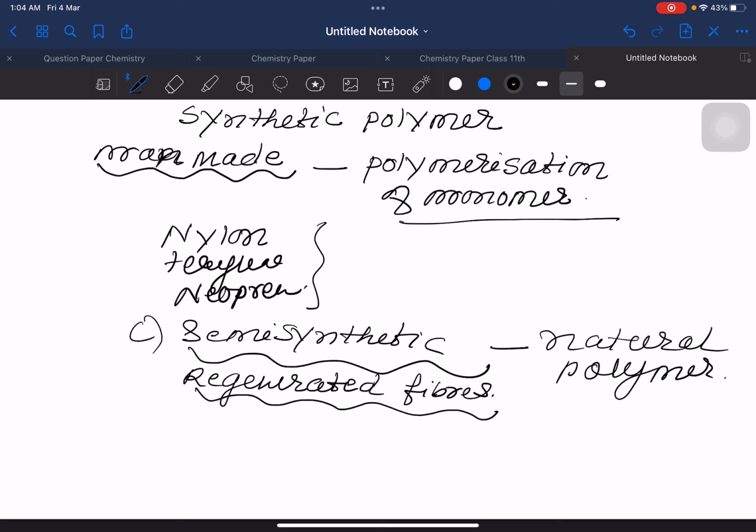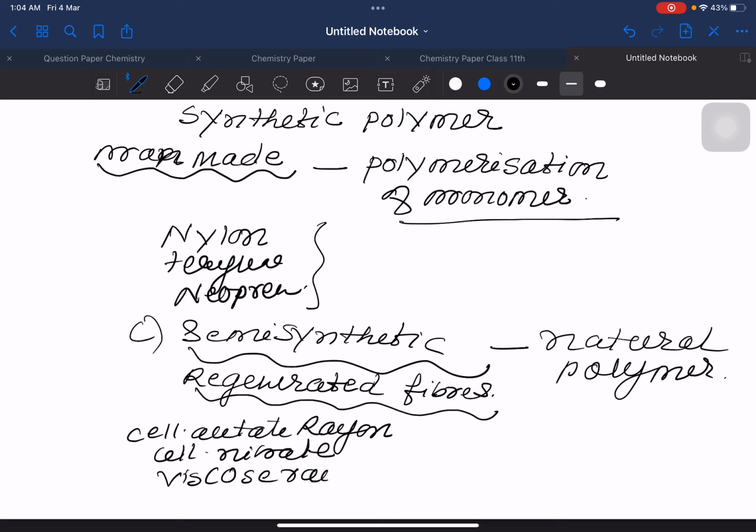Cellulose derivatives such as cellulose acetate rayon, cellulose nitrate, viscose rayon and cuprammonium rayon are examples of this category.